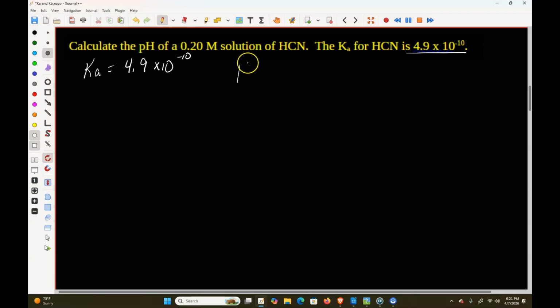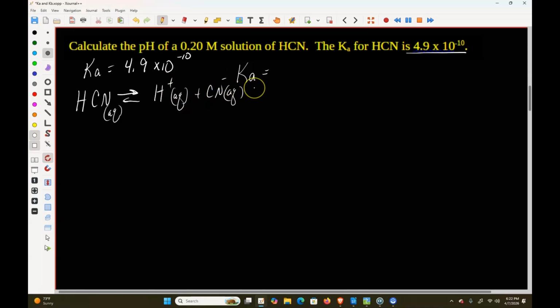We know that the Ka is equal to, on our equation here, we have HCN aqueous to produce H plus aqueous plus CN negative aqueous.